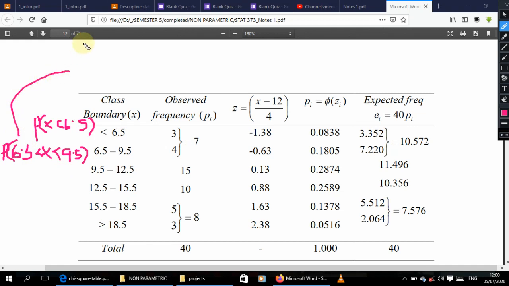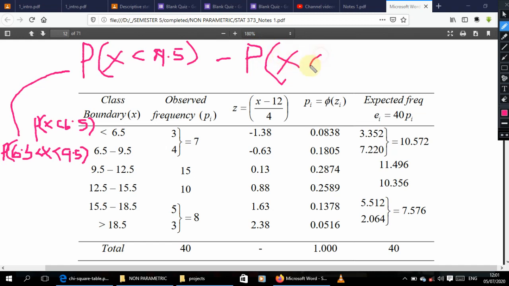If you are writing this, you write it like probability that, bracket open, x is less than 9.5, okay, bracket close, minus probability that x is less than 6.5.